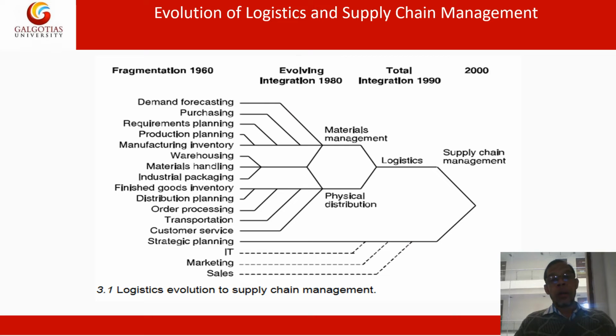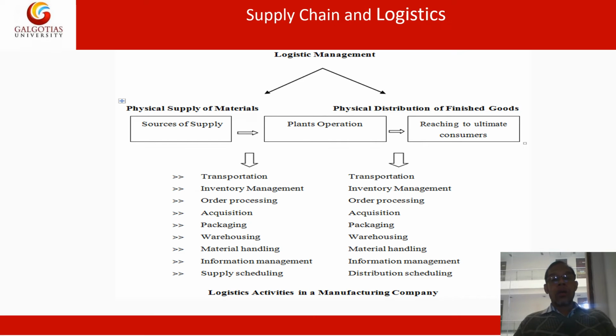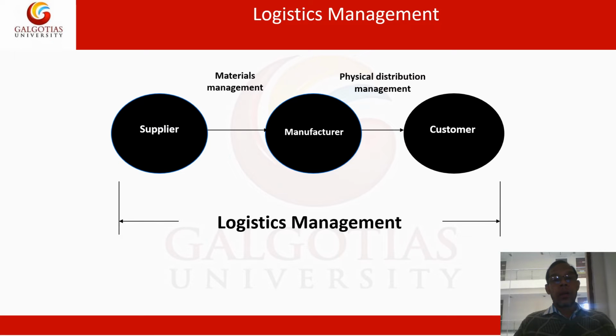So we have understood supply chain, and this can be understood by this graph. There are three components. One is the supplier, another is the manufacturer, third is the customer. Managing the supplier to supply the material to the manufacturing plant is part of materials management.